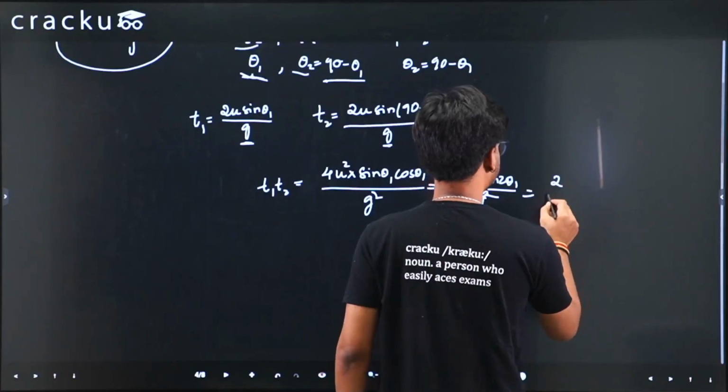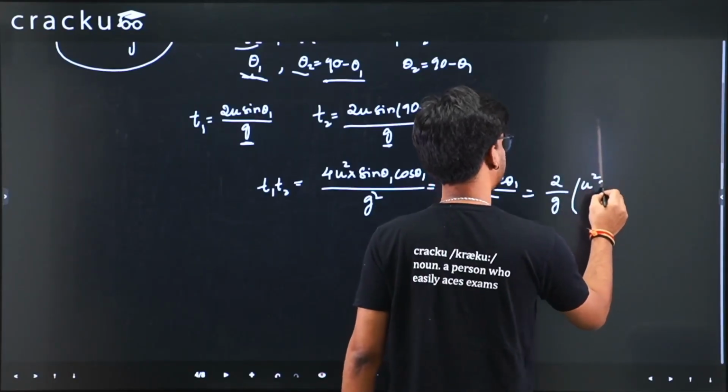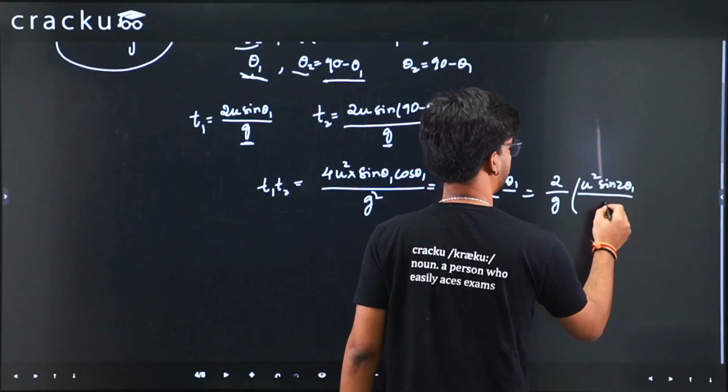So this can be written as 2 by g into u square sin 2 θ1 by g.